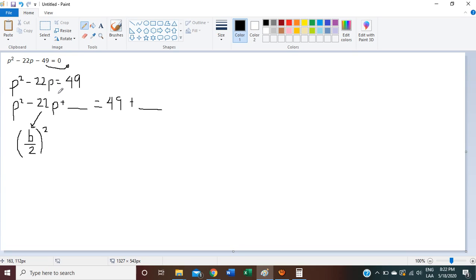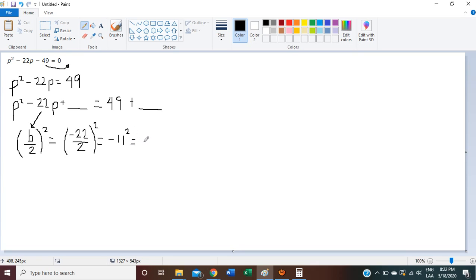So having said that, we're going to say that b is negative. Be careful with the symbols, please, because sometimes that's what we do wrong. So we have negative 22 divided by 2, and all of it raised to the power of 2. Negative 22 divided by 2 equals negative 11, raised to the power of 2.